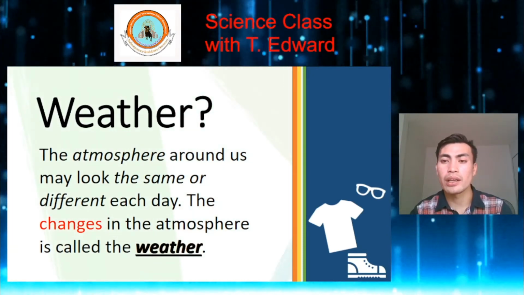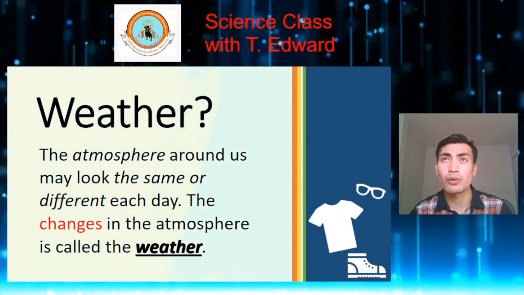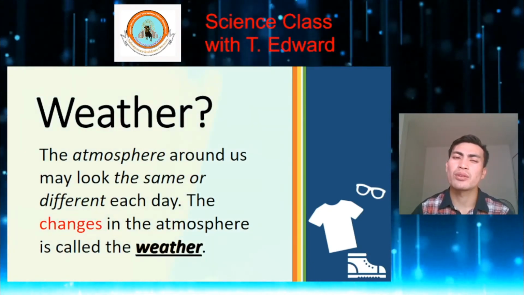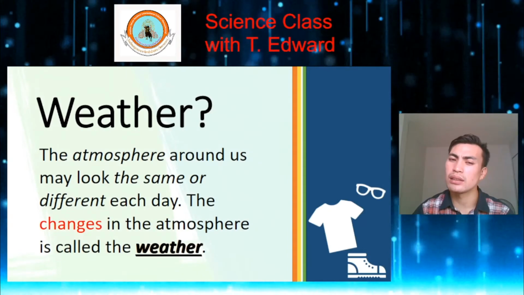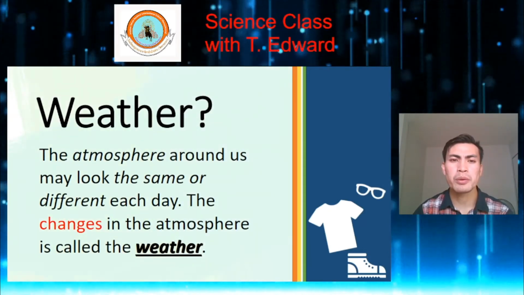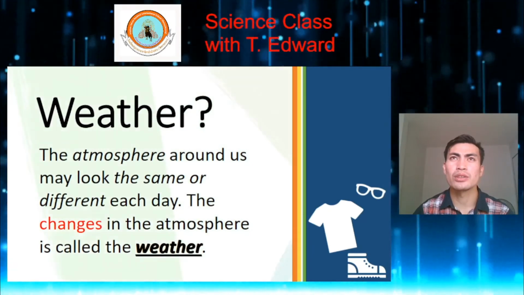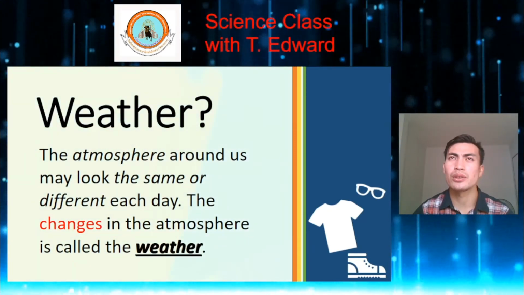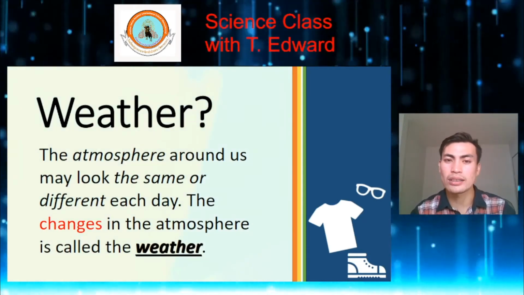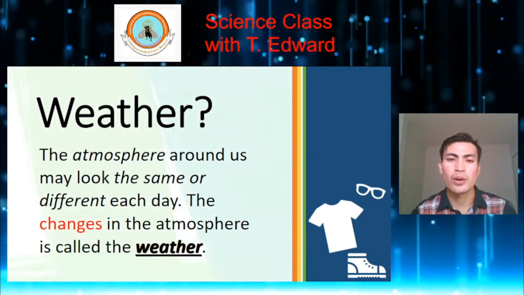So the weather here in Rayong, as I have lived here for 1 month already, I found out that in the morning it's very hot, and in the late afternoon sometimes it rains, and in the evening it's very cold. Okay, so that is the weather here in Rayong.